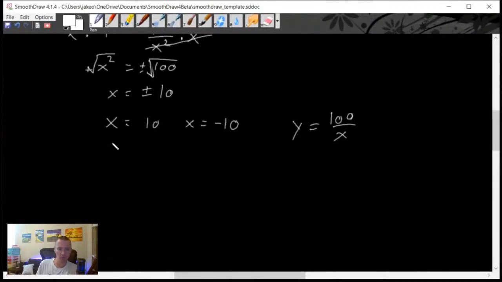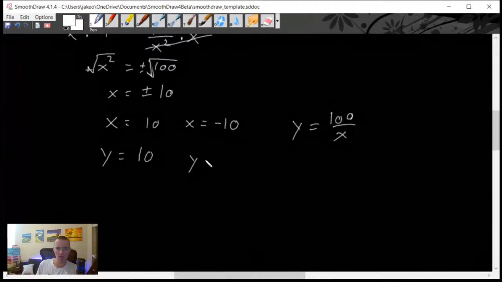So as a result, if x equals 10, y would just be 100 over 10, which is 10. And if x were negative 10, then y would be 100 over negative 10, which is negative 10. So these are two potential, essentially critical numbers.